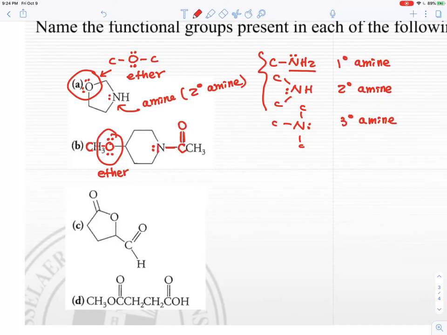So this we call an amide. Do you remember the ester? That is an ester, and this is an amide, which is kind of similar.